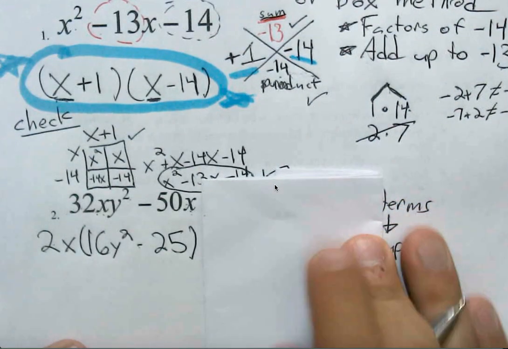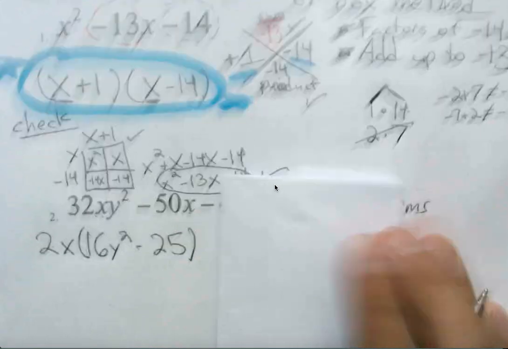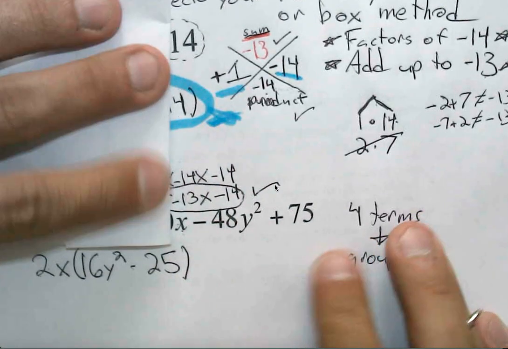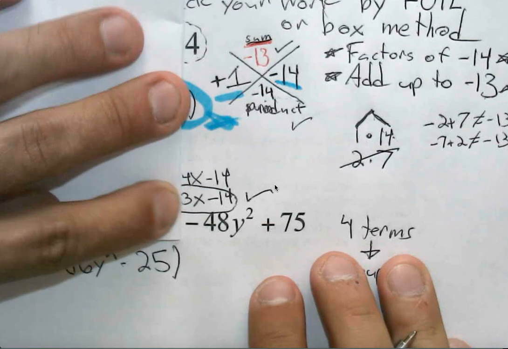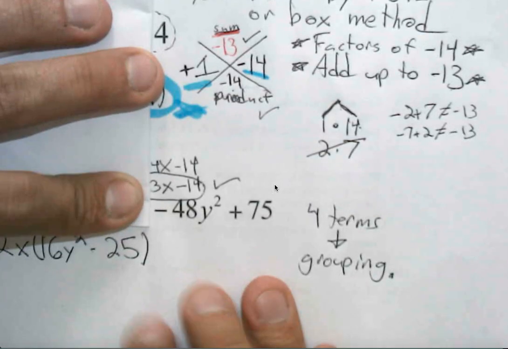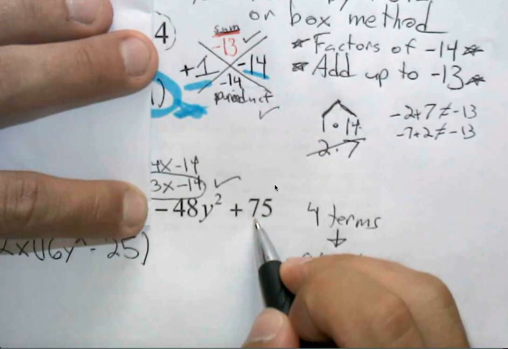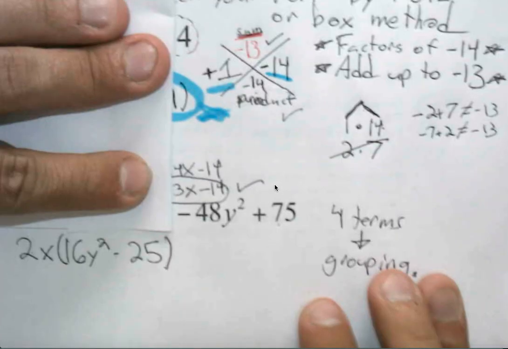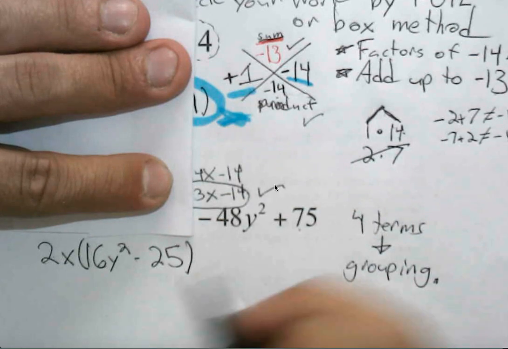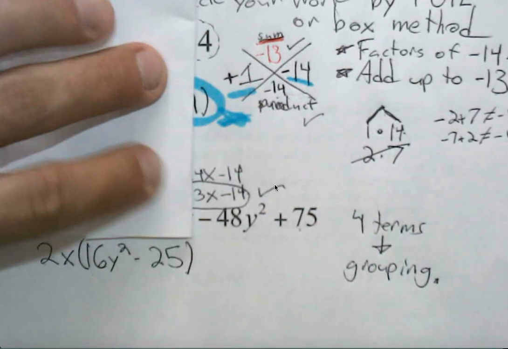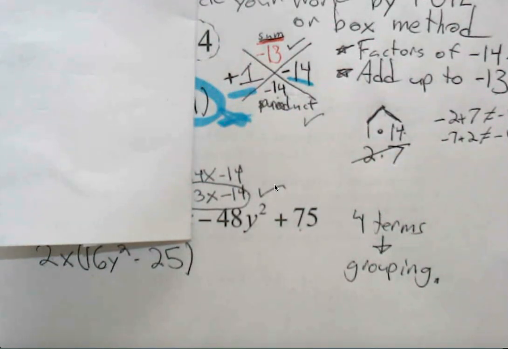We continue to do the same type of song and dance, but now with the right-hand side. So if we look at this, we were trying to find the greatest common factor with negative 48y squared and 75. And a good rule of thumb is that if you really did this correctly, we should end up with the same exact binomial over here.